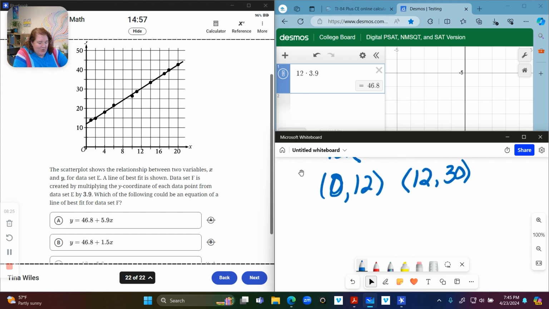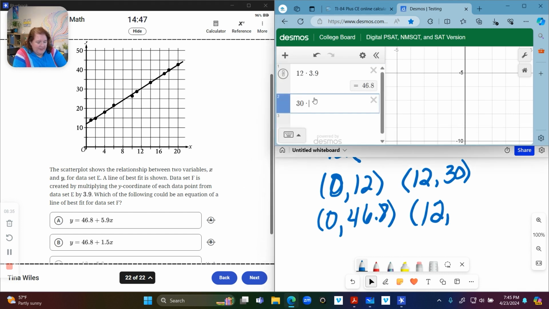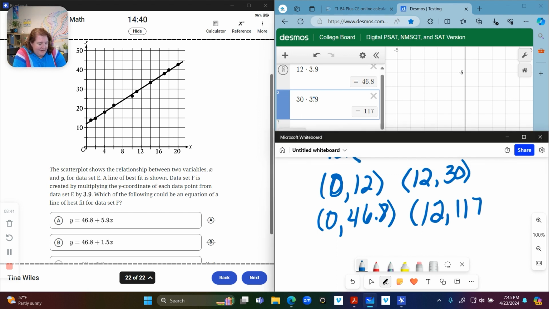So we already know that this is going to become 0, 46.8. And this is going to become 12. And now we need to do 30 times 3.9, 117.